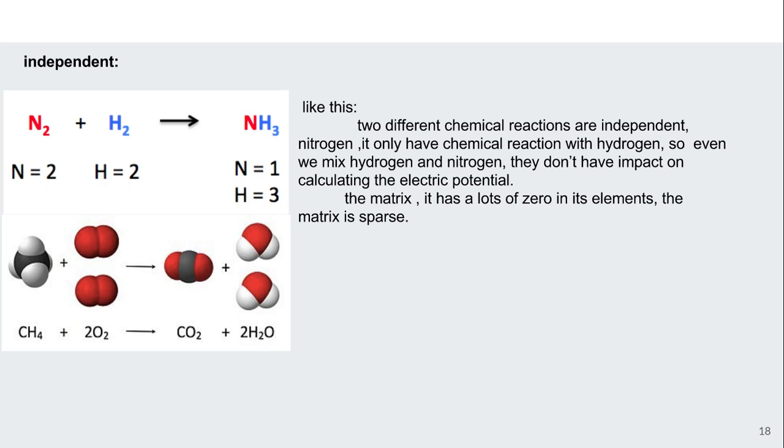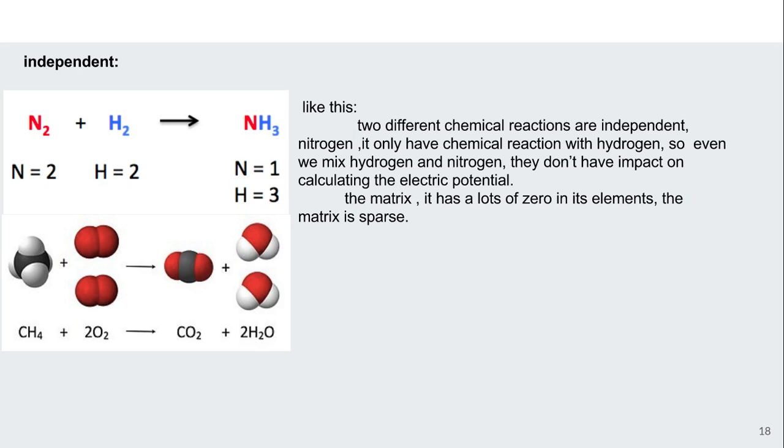The first situation is independent. As we can see, there are two chemical reactions. The first one is two nitrogen plus hydrogen, and the second one is methane plus oxygen. The reactants of the two different chemical reactions are different, so they can happen at the same time.